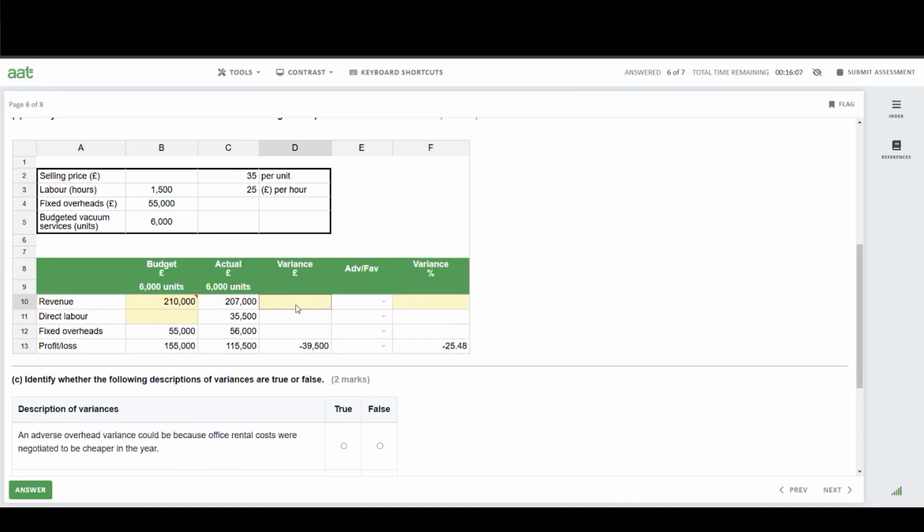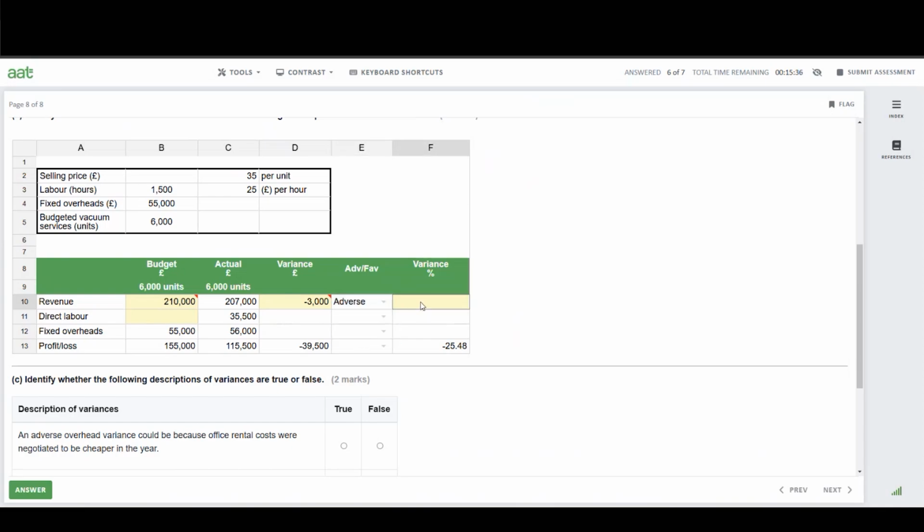So to do that, I am going to take the number in cell C10, so equals C10, and I'm going to subtract from that the budget figure in B10. If I press enter, that is showing an adverse variance of £3,000, which is what I would expect it to do. It's adverse, so we can select the drop down, double click there.